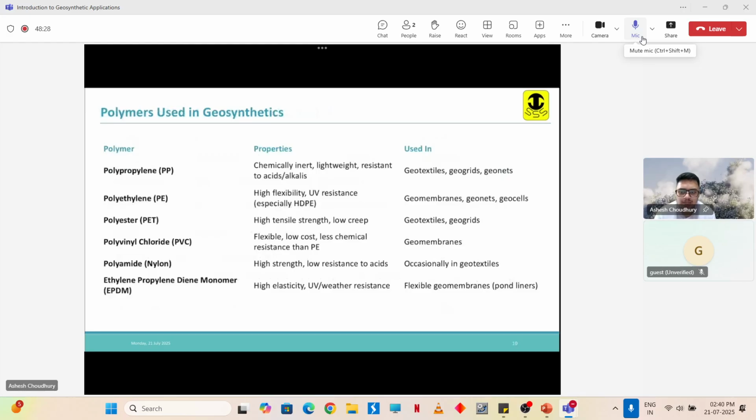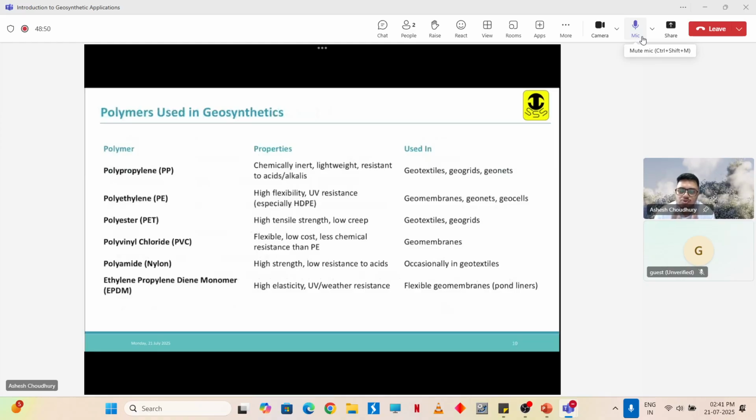These are mainly theoretical topics, so I suggest that you please go through the book. It's written in very simple language, you'll be able to understand, but it's very necessary that you should know. You should not ignore these topics.